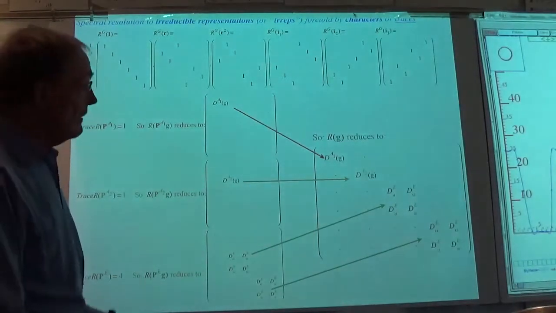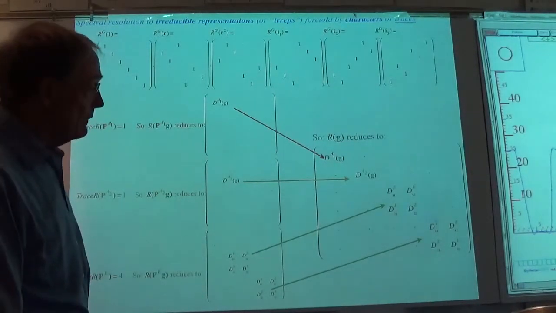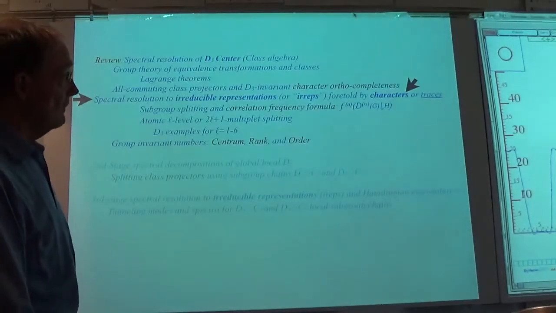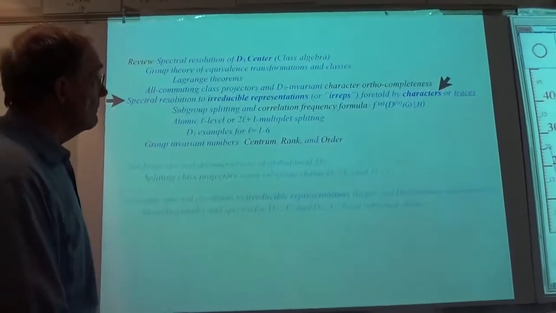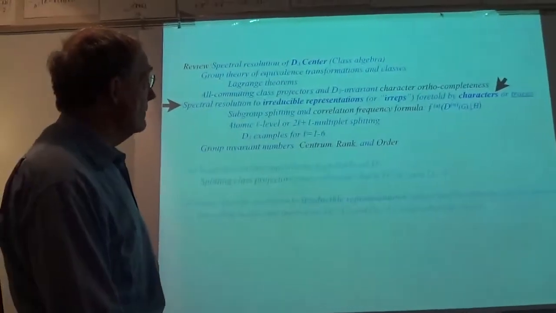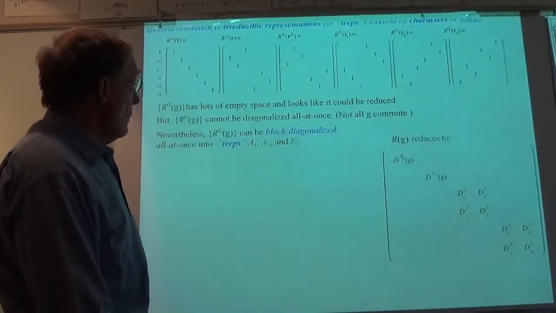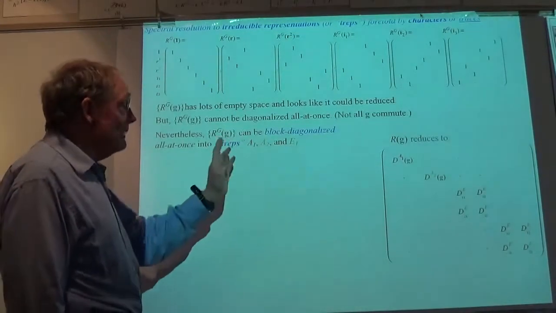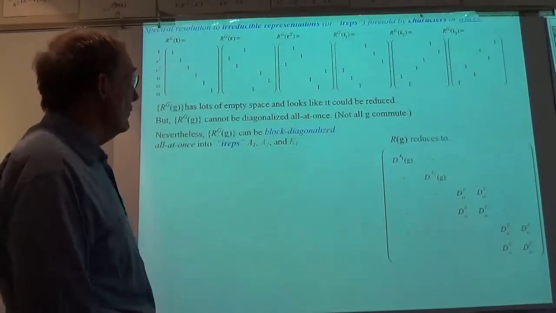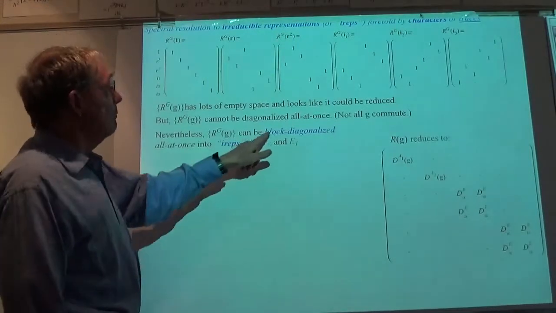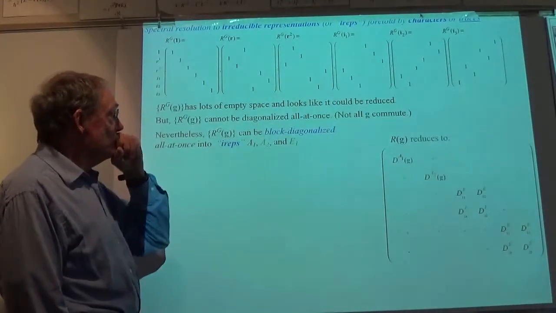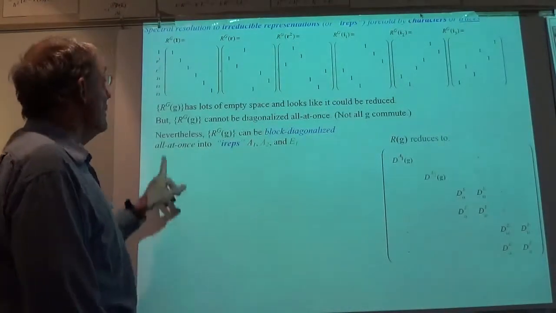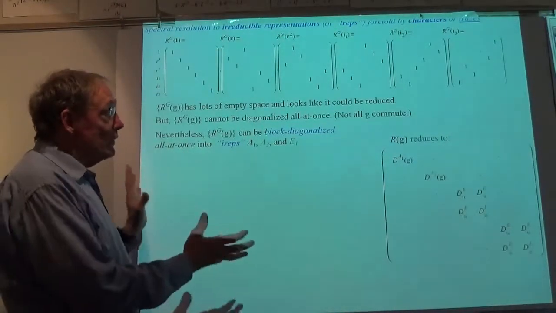Okay? So this is giving a roadmap of what we would like to produce with any non-abelian group, but in particular D3. Now, we've just been given the common names for these particular representations. This is called block diagonalization: the idea that all of these things can be block diagonalized all at once by a single transformation.